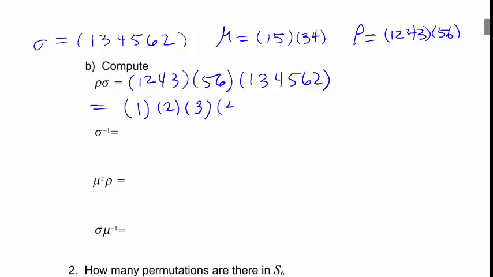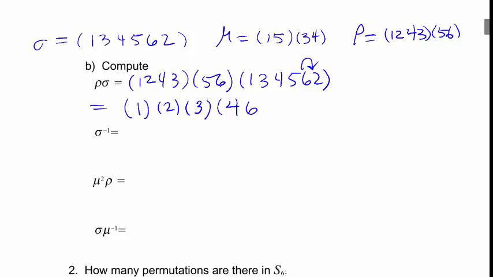Now we have to check 4. Put in 4, go back to the right, I see that 4 is sent to 5. I go down and find 5. 5 is sent to 6. No more 6s, so 4 is sent to 6. Now what happens to 6? Well, I go back.